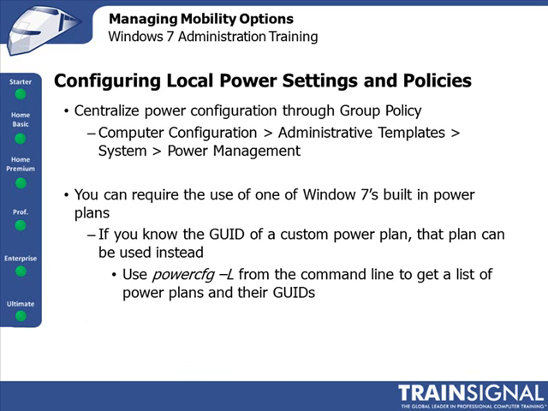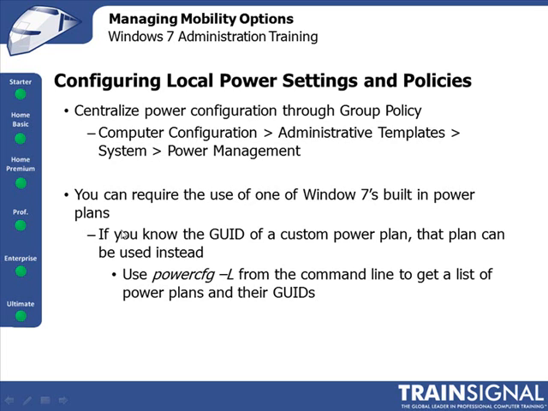Power settings and policies can be centrally configured by using group policies, available at Computer Configuration, Administrative Templates, System, Power Management. You can require the use through group policy of one of Windows 7's built-in power plans. So you can say, I want to use the balanced power plan across the organization, and you can do that through group policy.